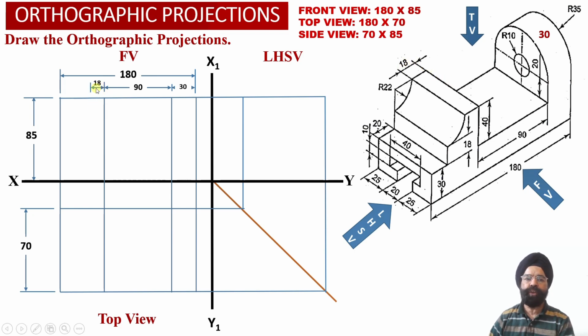So now we are going to mark a distance of 18 millimeter from this vertical surface over here. So now we will be able to obtain the location of the starting point of this circular arc, and we have drawn a vertical projector line into the front view projections over here, and we have extended this vertical projector line into the top view projections as well.